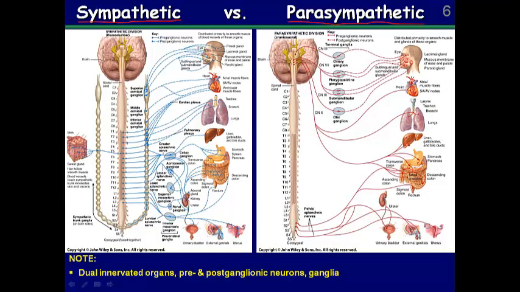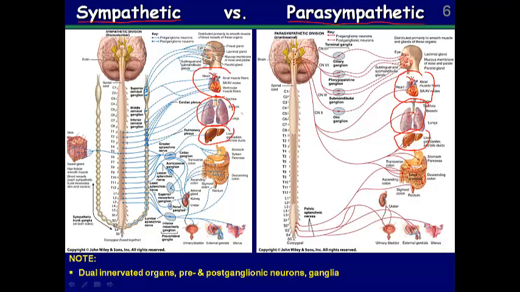One is all the effectors. You'll notice there's liver on each side, which means it's dual innervated, meaning it has sympathetic and parasympathetic. You've got structures in your lungs that are innervated by both sympathetic and parasympathetic. Your heart, like we just mentioned, innervated by both sympathetic and parasympathetic. So most organs in the body have both sympathetic and parasympathetic neurons that can regulate it.